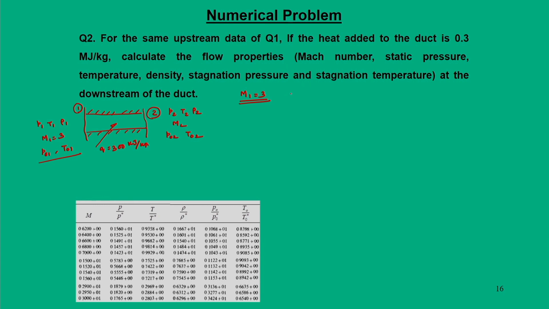For M1 is equal to 3, the data which are known to us: P1 is 0.9 bar, P naught 1 is 33 bar, T1 is 293 Kelvin, T naught 1 happens to be 820.4 kilojoule per kg, and rho 1 is 1.084 kg per meter cube, rho naught 1 would be 14.22 kg per meter cube.